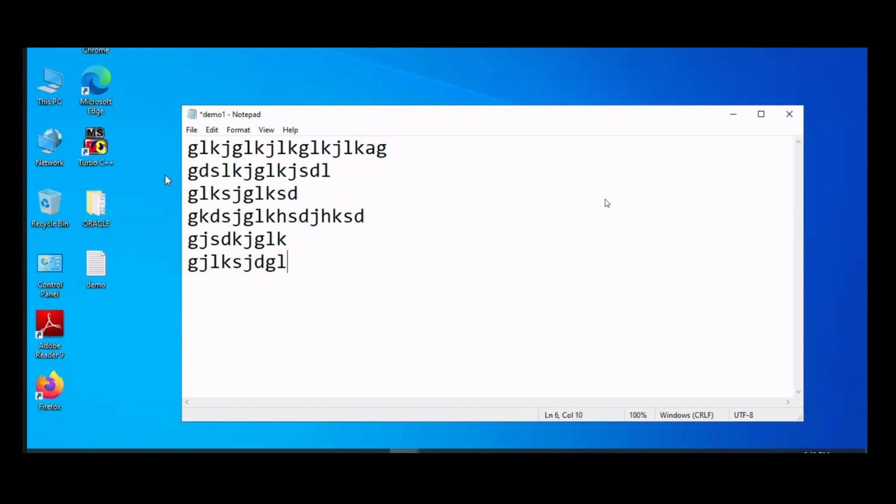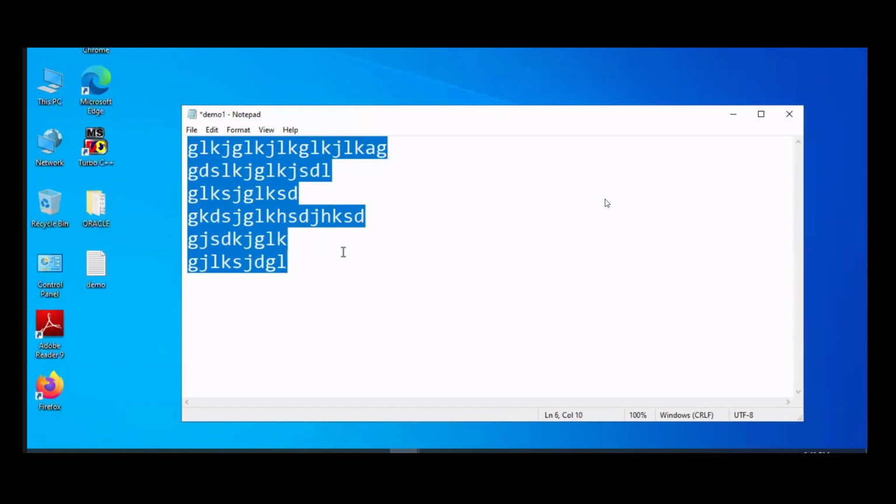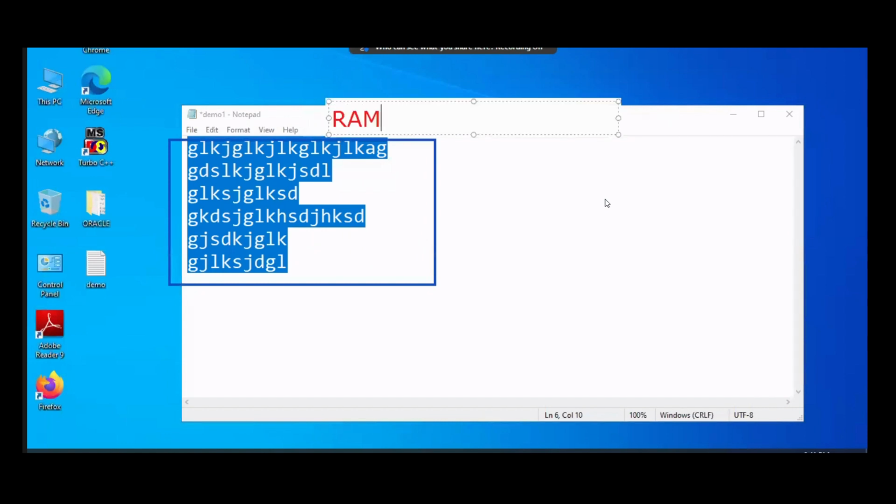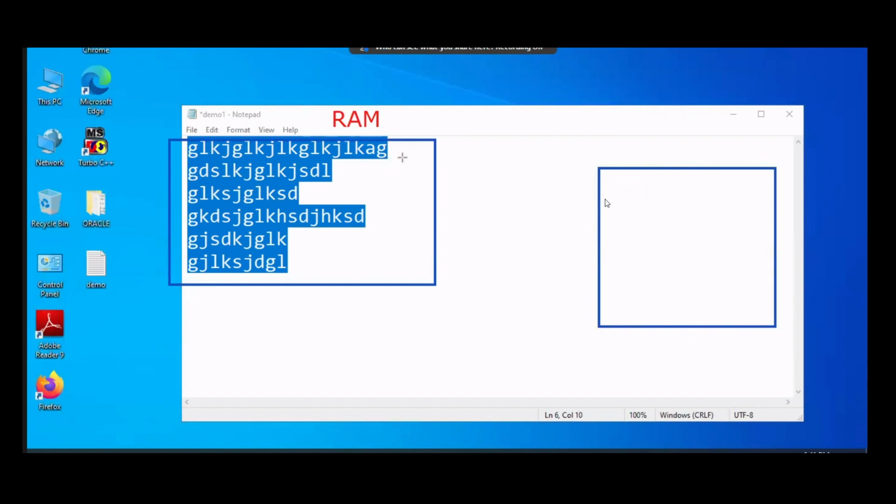So when I enter the data, where is this data stored now, in the RAM or in the hard disk? The RAM. This data is stored in the RAM, temporary memory. The demo one file is there in the hard disk, in some location.